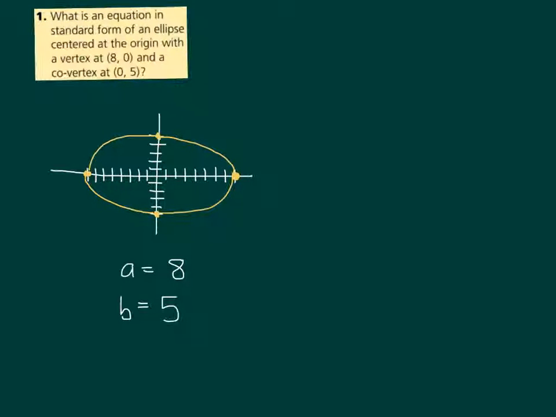Always. So if you know that 8 and 5 are A and B in some order, and you know that 8 is a bigger number than 5, then our equation for our horizontal ellipse is x squared over 64 plus y squared over 25 equals 1.